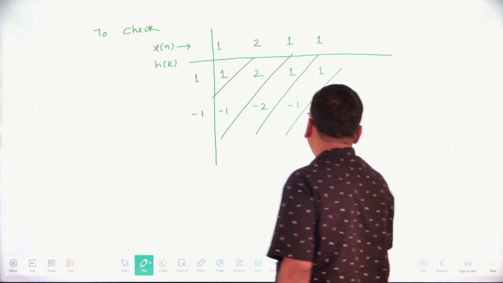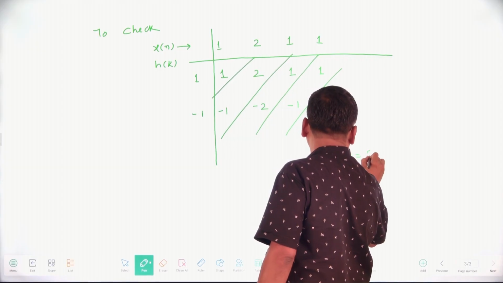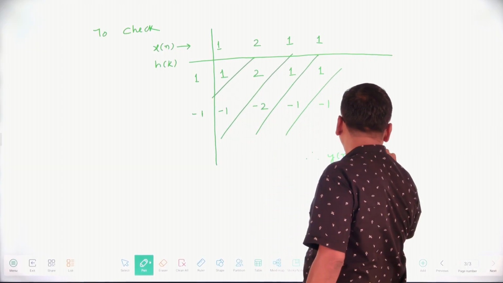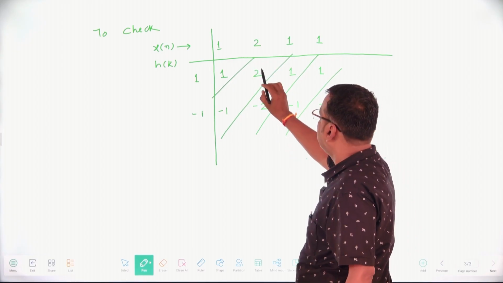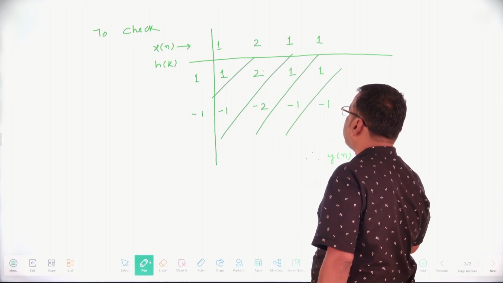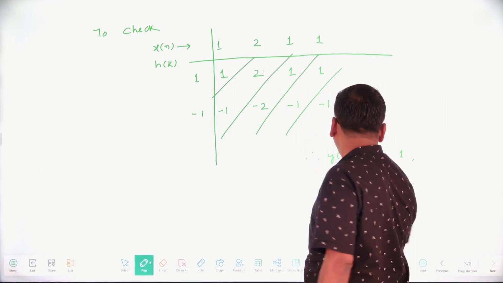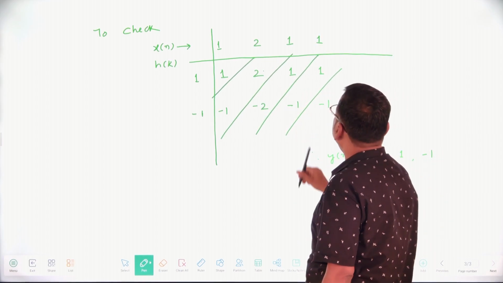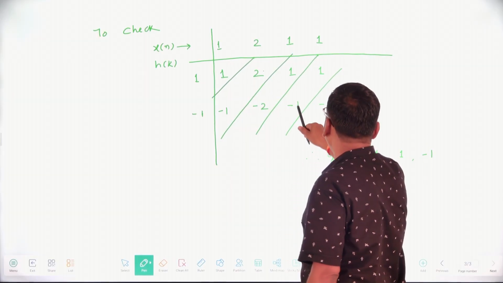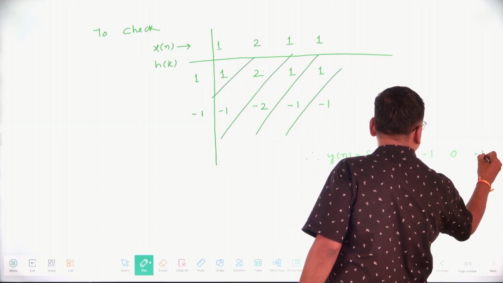That's why y of n equal to, first 1, this is your 1. Then minus 1 plus 2, that is your 1. Then minus 2 plus 1, that is your minus 1. Minus 1 plus 1, that is your 0. Then that is your minus 1.